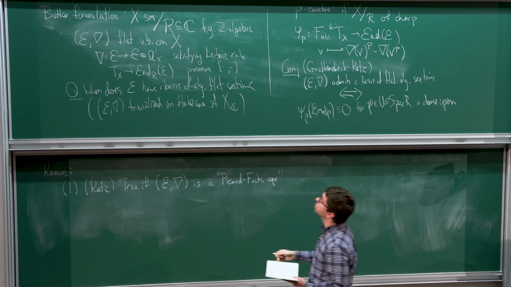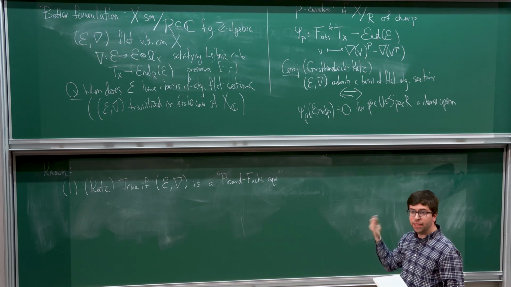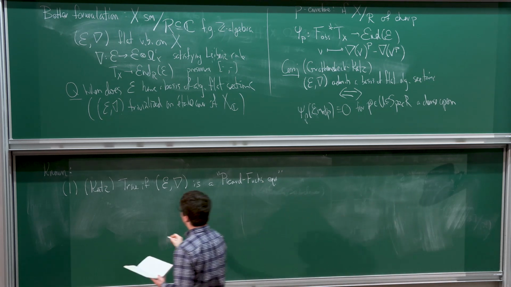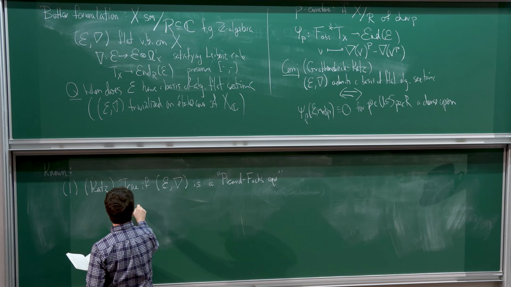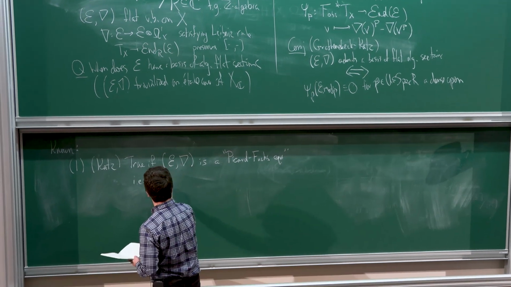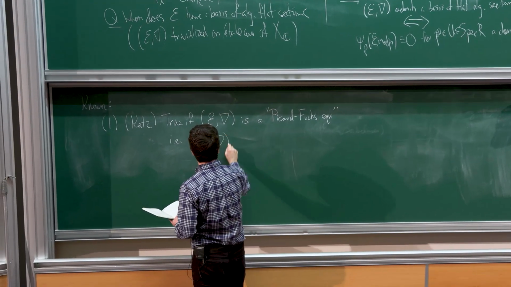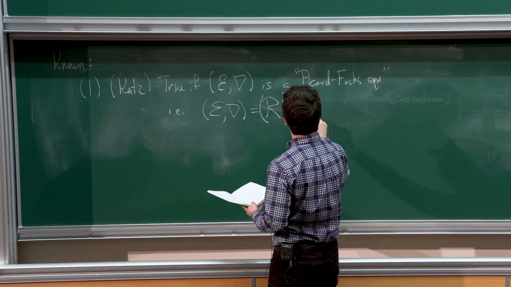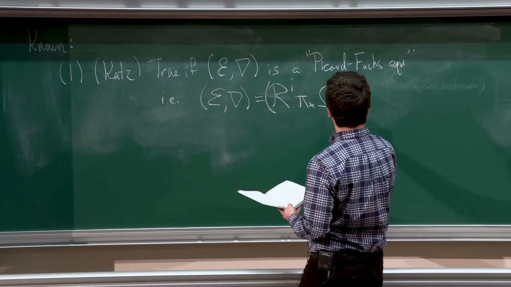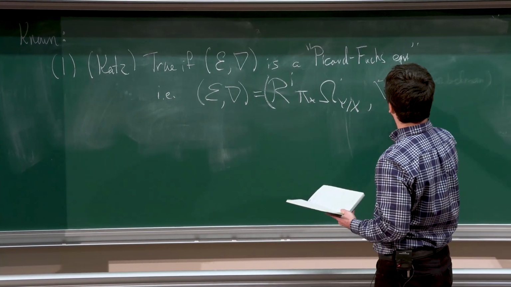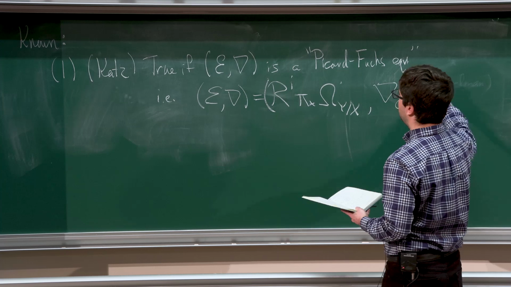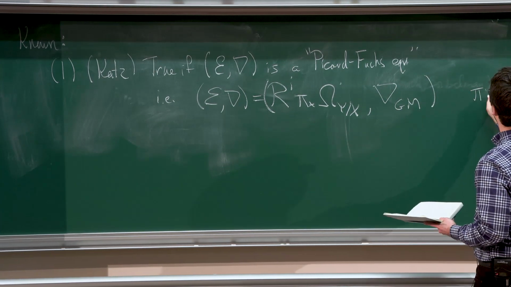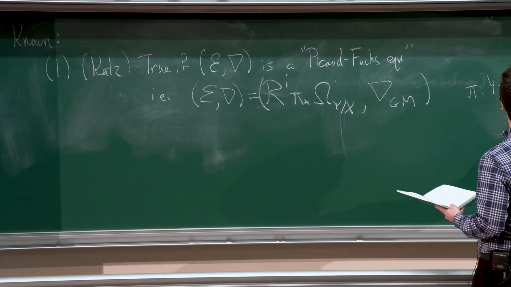There's a large source of flat vector bundles or linear ODEs in algebraic geometry. And what is it? Well, they're the cohomology of algebraic varieties. So if E nabla is equal to R^i pi_* of the de Rham complex of Y over X with its Gauss-Manin connection, where here pi from Y to X is some smooth proper morphism, say.